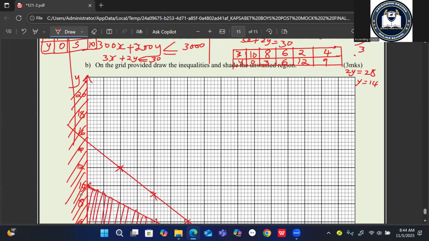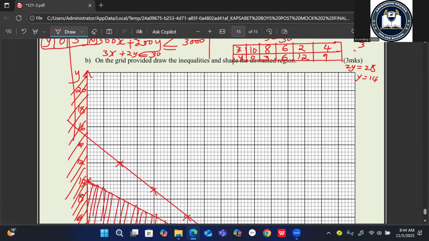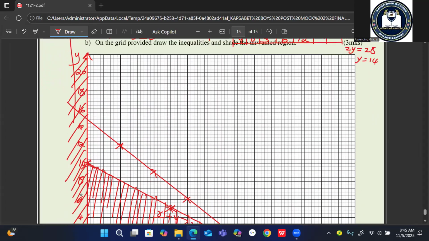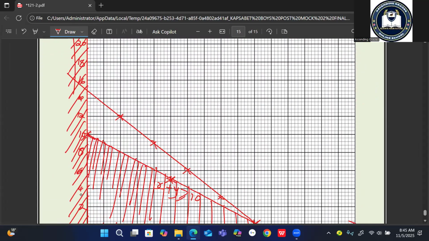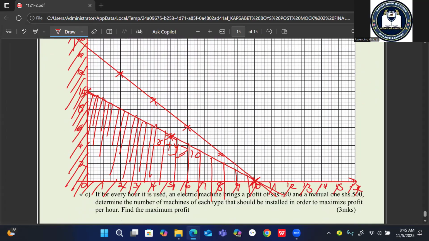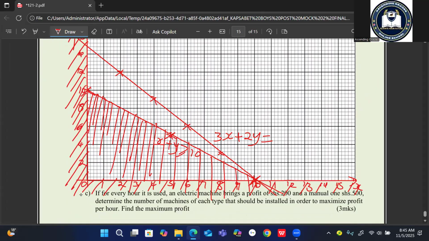So we go to the other one, 3x plus 2y. It is this one. 3x plus 2y is equal to 30.